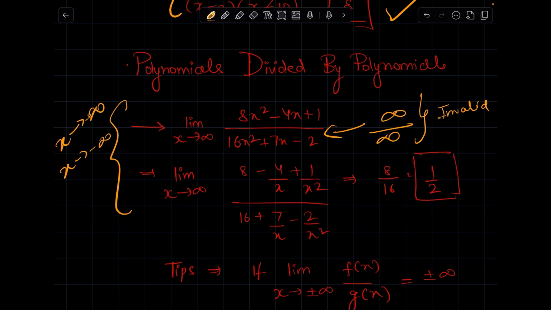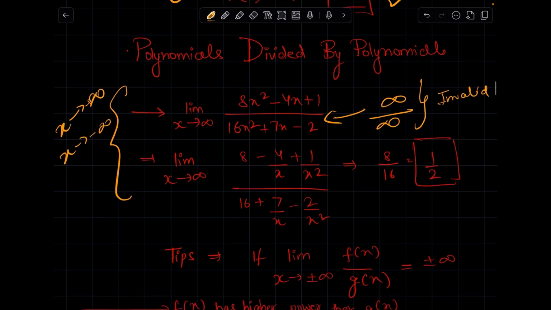Well, when you're solving polynomials divided by other polynomials as x approaches positive or negative infinity, you divide both the numerator and the denominator by the highest power of x in the entire function. Right now the highest power of x is x squared.